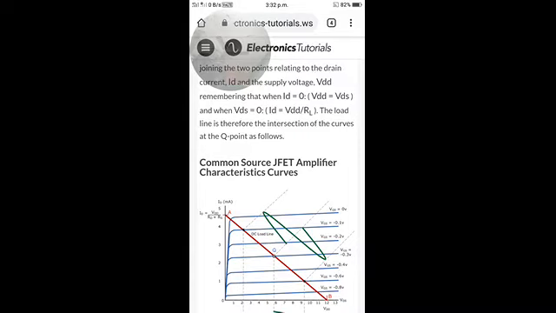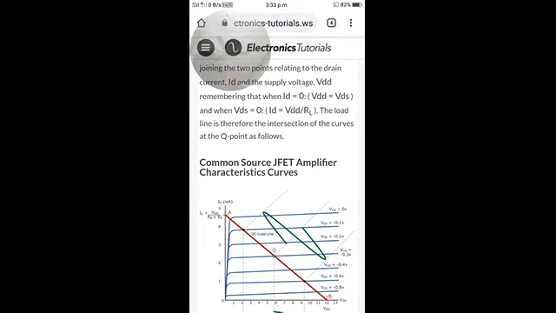So here also we have the equation VDD is equal to IDRD plus VDS. When ID is 0, we have VDD equal to VDS. That is, when ID is 0, it is the point on the x-axis VDS.